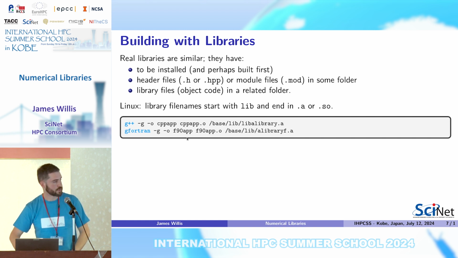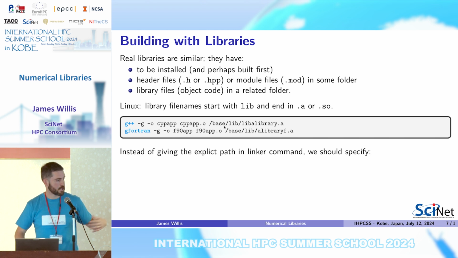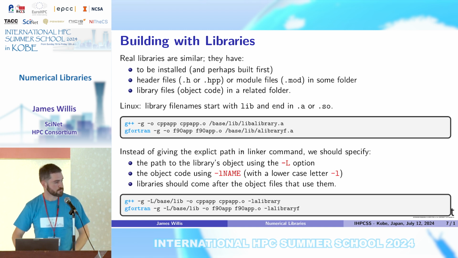So what we'll do is we'll compile our application, again specify the full path to our library, just like the previous example. But instead of giving the explicit path in the linker command, because you don't want to have to specify the full path every single time you link against the library, what we can do is use the -L flag.